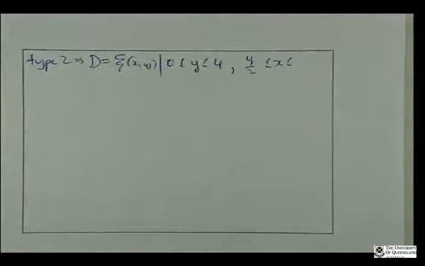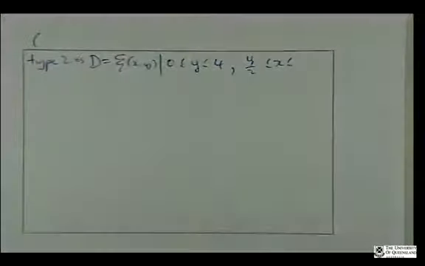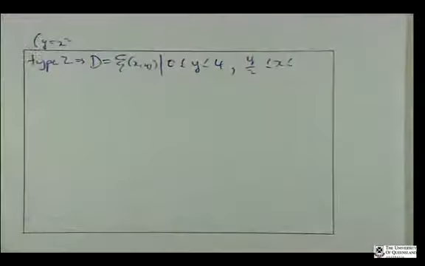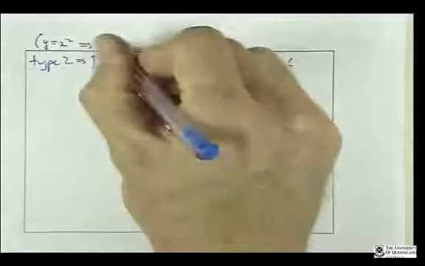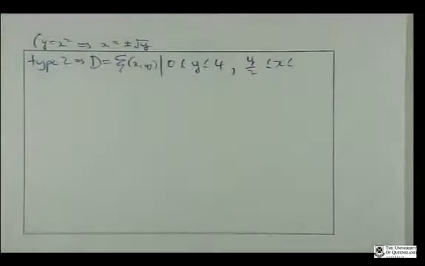Okay? But now we've also got a parabola. I can see that the upper bound for x will always lie on this parabola y equals x squared. Right? And what I want to do is represent that in the form x equals some function of y. But let me just make a note that when we have y equals x squared, if I want to isolate x, the possibilities are x equals plus or minus the square root of y.